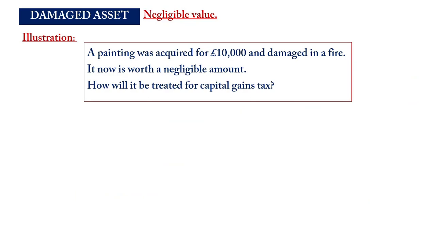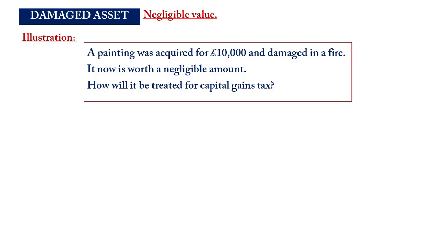So let's look at this illustration. A painting was acquired for £10,000 and damaged in a fire. It is now worth a negligible amount. How will it be treated for capital gains tax?